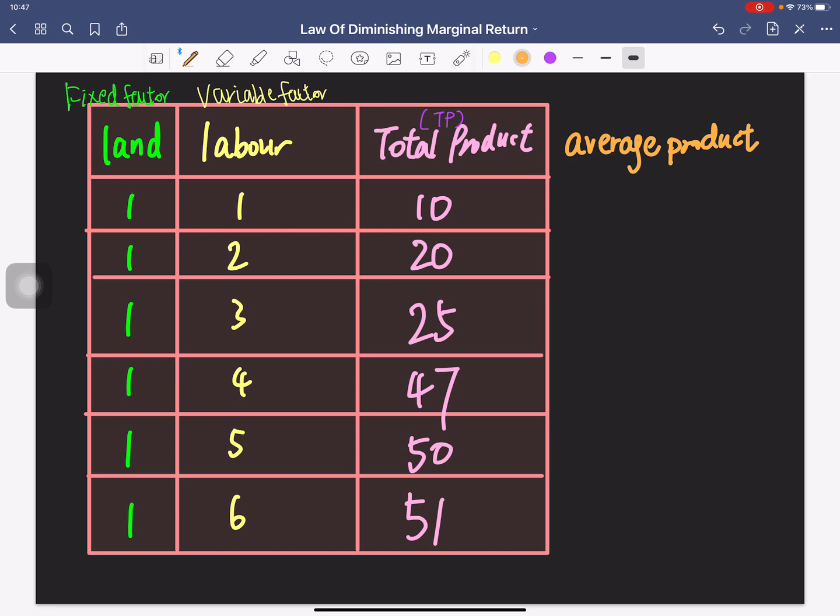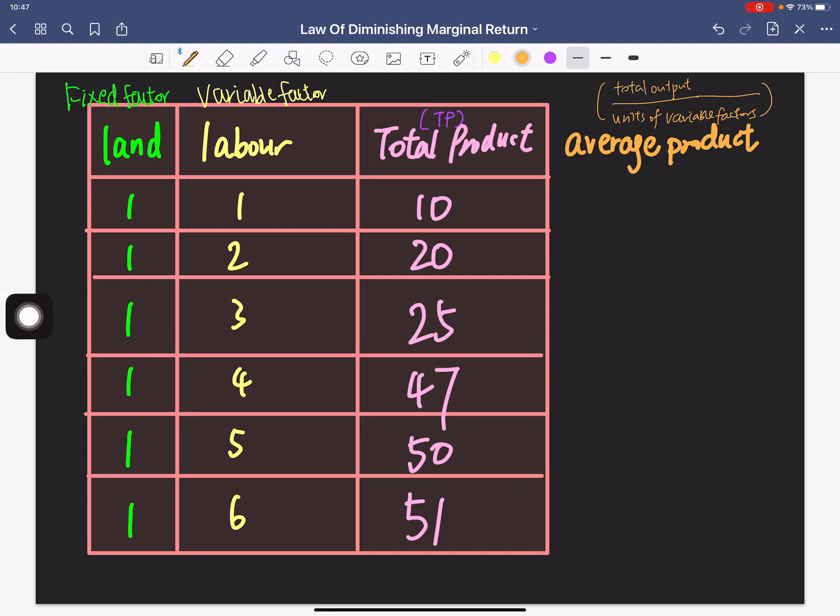Average product is we have the total output divided by the units of the variable factors. So that we can find the average product given a certain unit of variable factor.